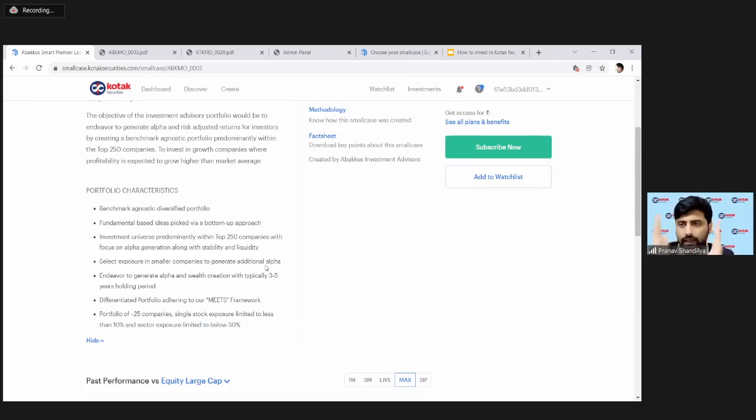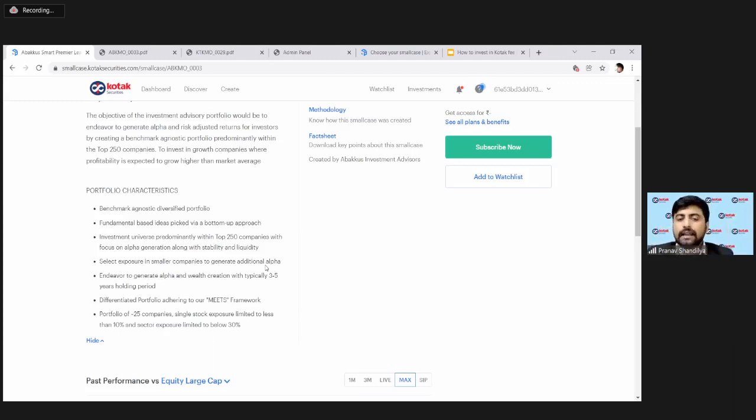The expected holding time is 3 to 5 years, but if something adverse happens in one particular stock, or in one particular sector, then at that point the holding period can change and 1 or 2 stocks can be added or removed. But typically, for this basket, the holding period is 3 to 5 years.